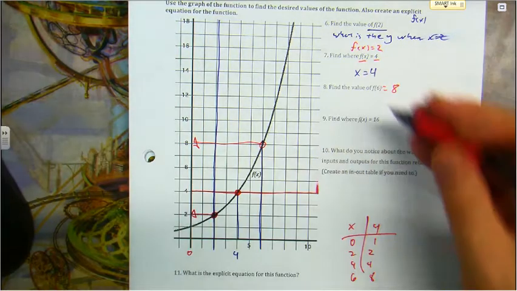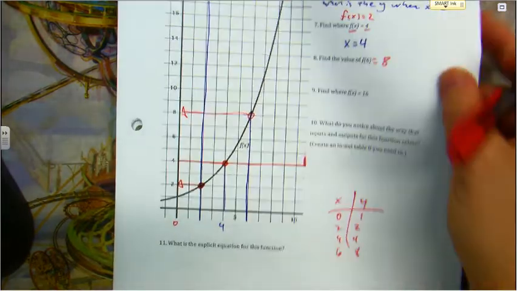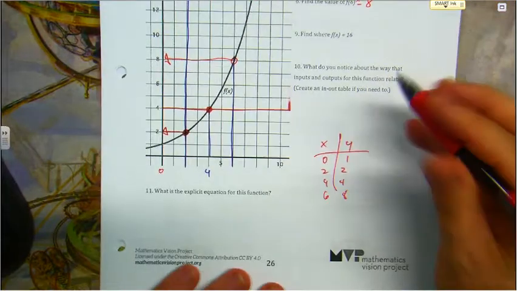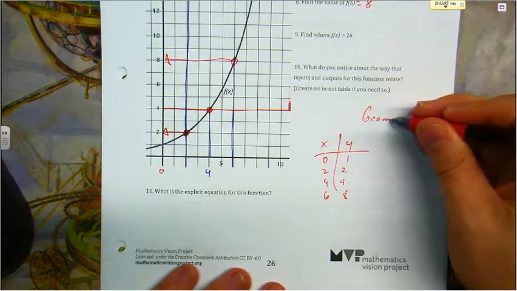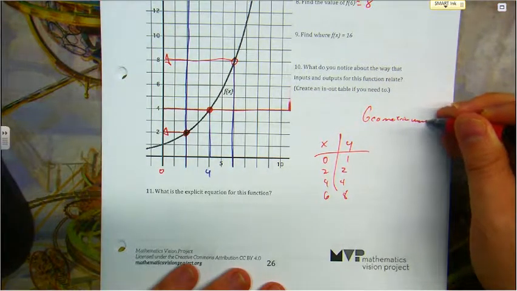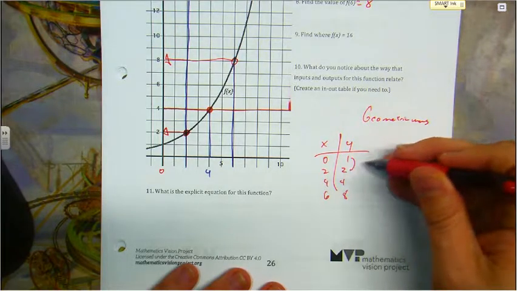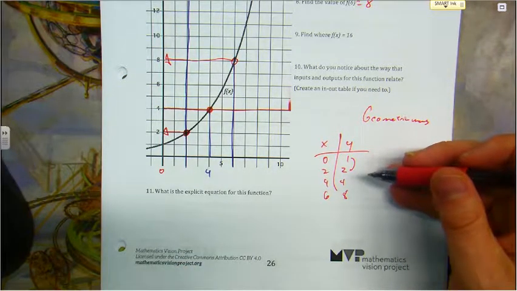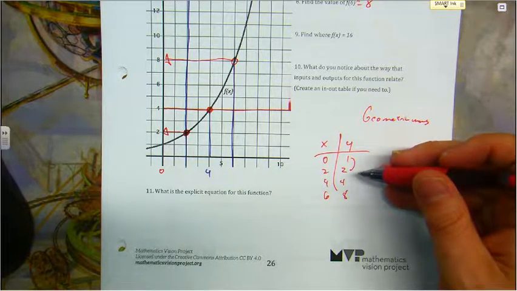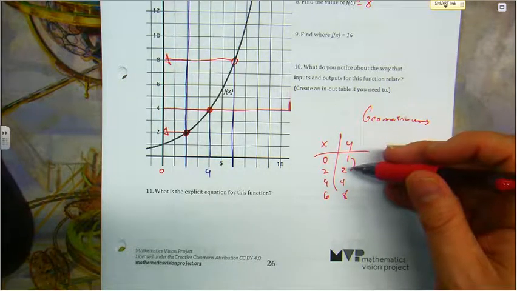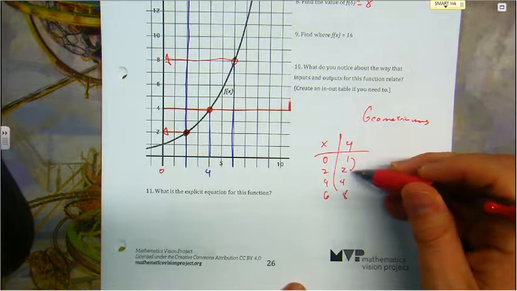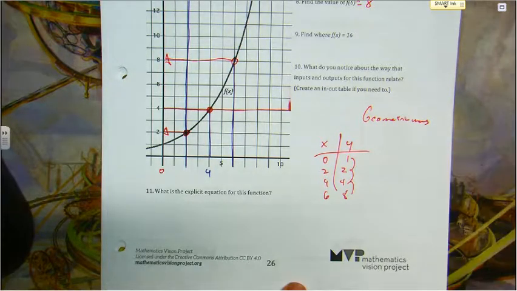We know it's a curved line, so we can use our geometric means to be able to find that. So to go from 1 to 2, it's over 2, right? Because we're going over 2 here. Every step of 2 we're doubling.